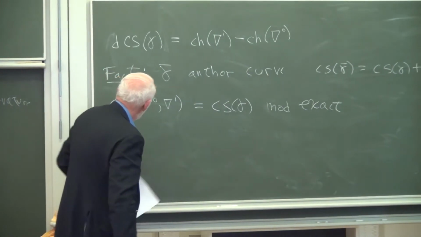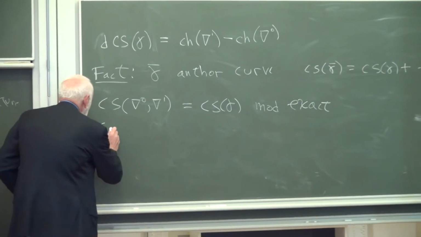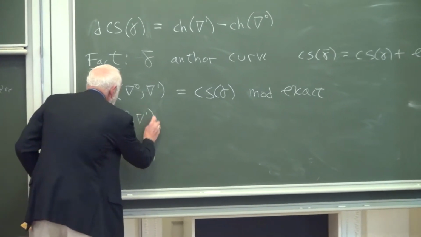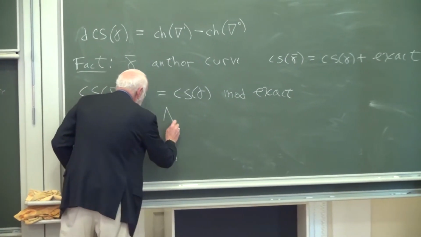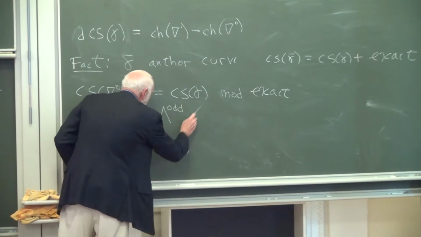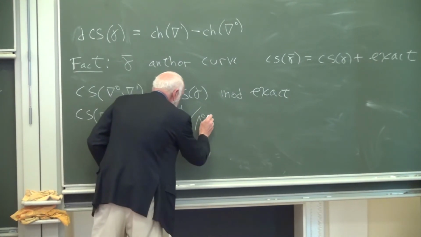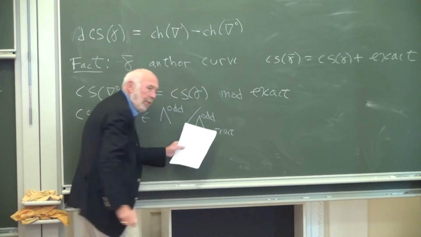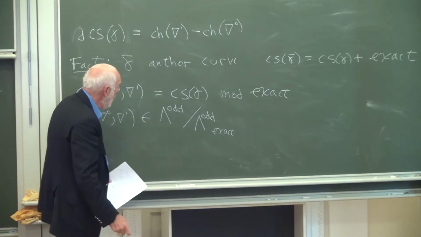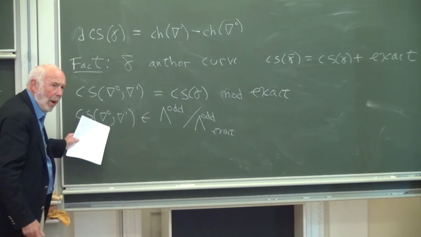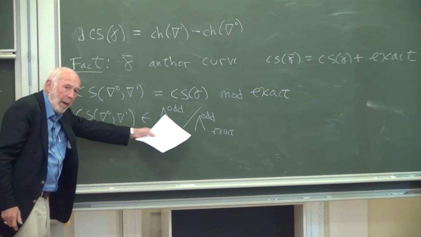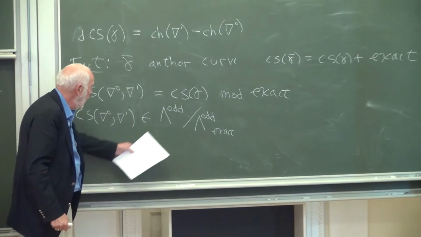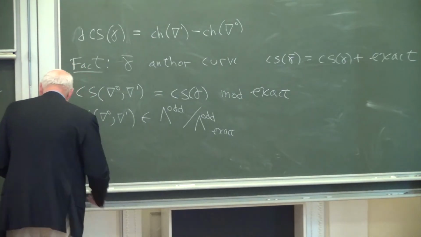It means, so CS of delta 0, delta 1 is now an element in wedge odd modulo wedge odd exact. Exact differential forms, that's what exact means. So this is now a well-defined object in this space. We forget about exact forms, don't worry about them. And it's just a total odd form, modulo exact.